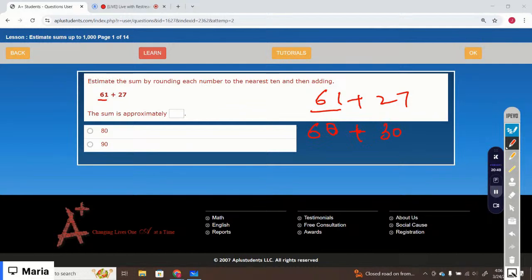So it is 60 plus 30. The correct option is 90.